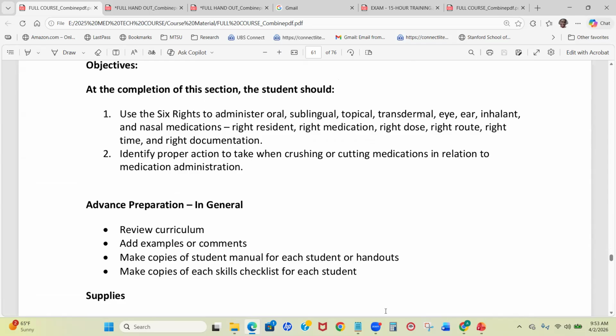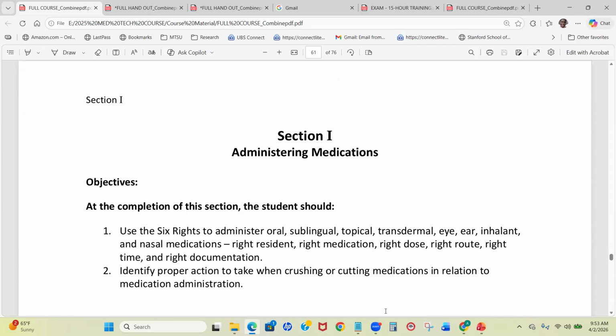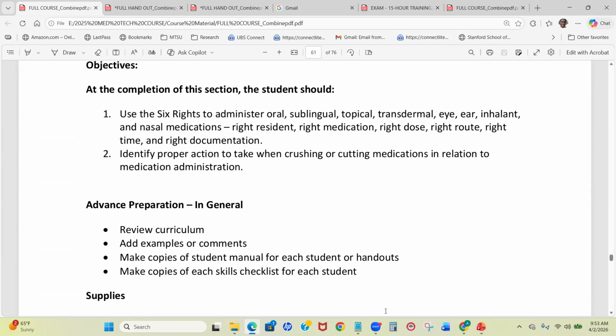All right. So we're going to talk about the administration of the medicines itself. So we have to use our six rights to administer the oral, the sublingual, the topical, the transdermal, eye, ear, inhalant, and nasal medications.